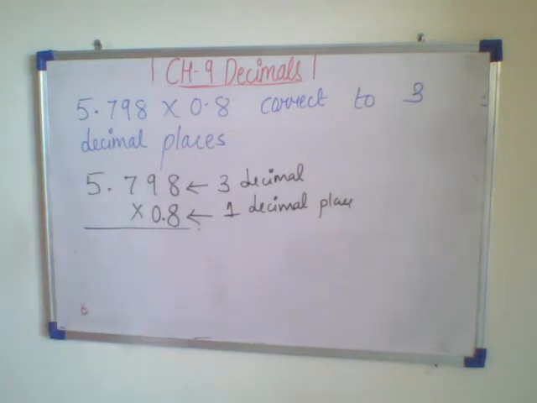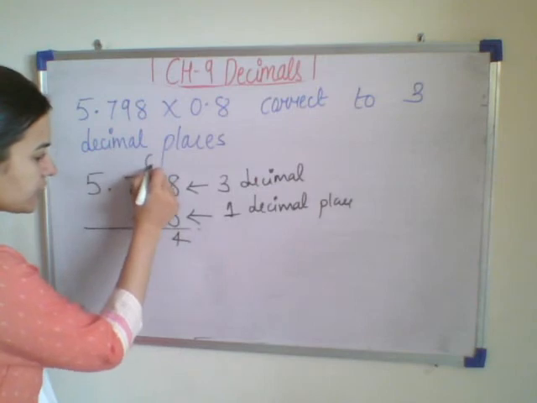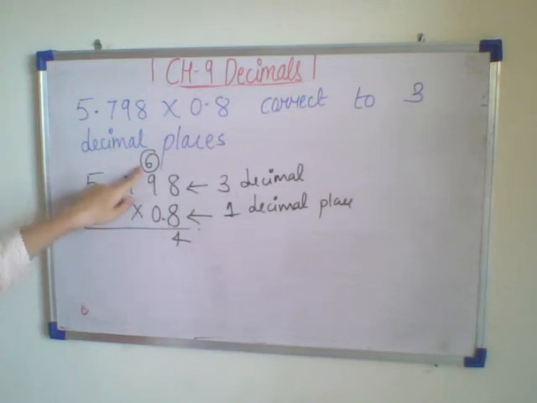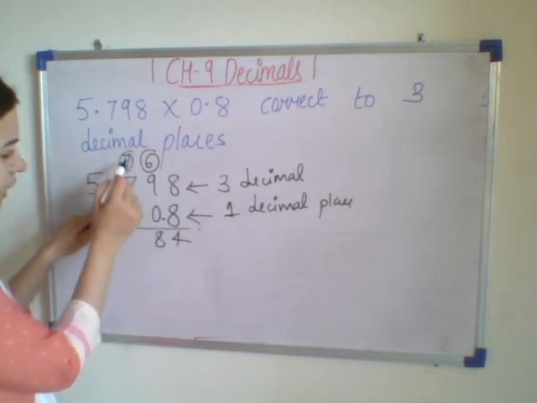Now let us do the multiplication. 8 multiplied by 8 is 64. 8 8s are 64. 4 and 6 moves to the carry. Now 8 multiplied by 9 is equal to 72. 72 plus 6 is 78. 8 I will be writing here. 7 will move to the carry.